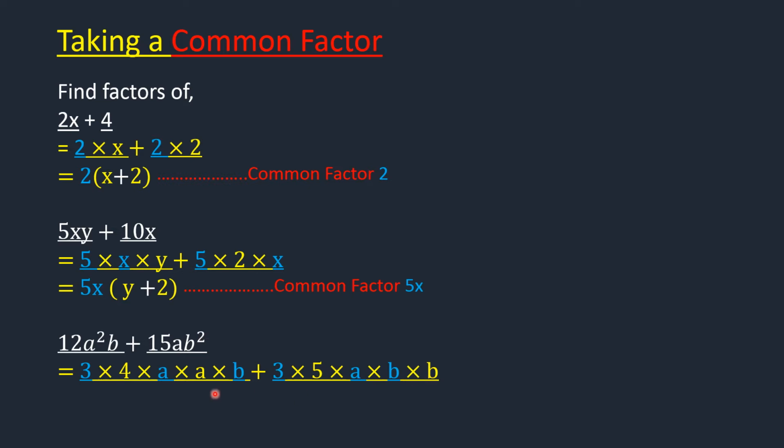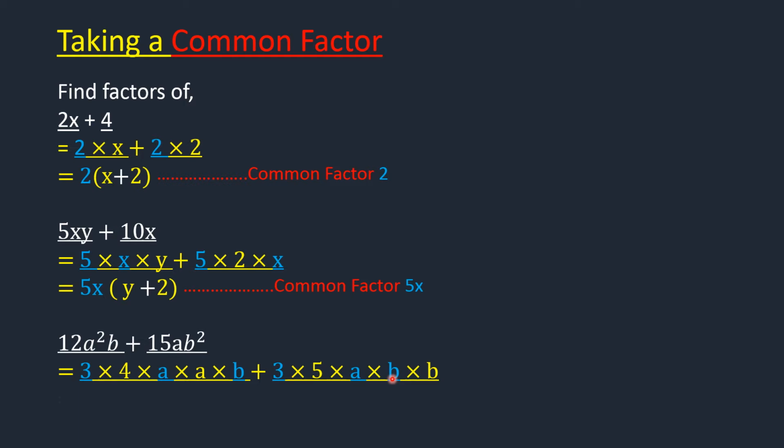Here we observe that 3 is present in the factors of the first term and factors of the second term as well. Then a is present, here also a is present, then b is present, and here also b is present.